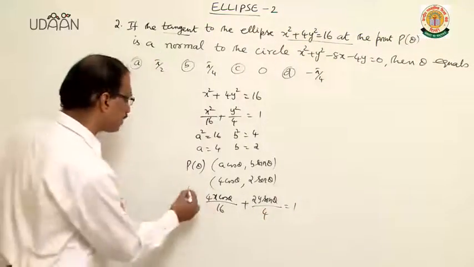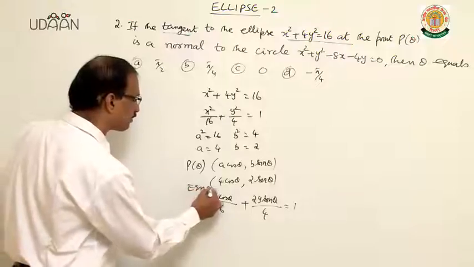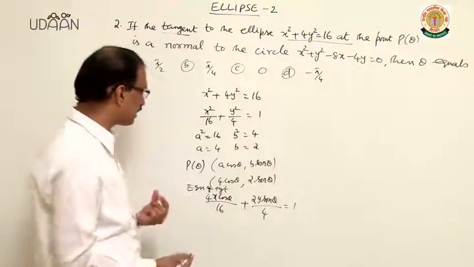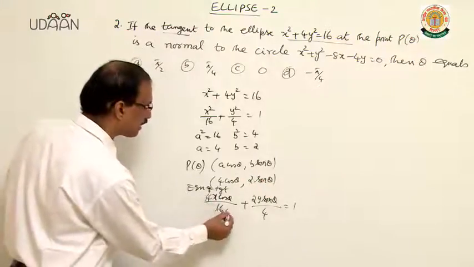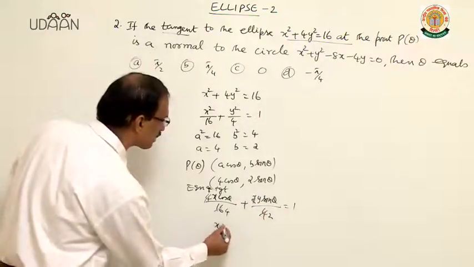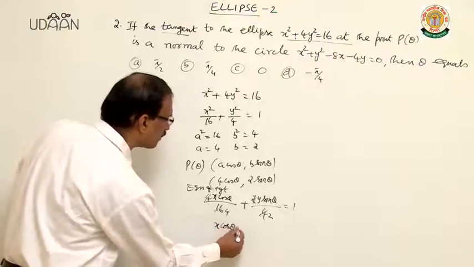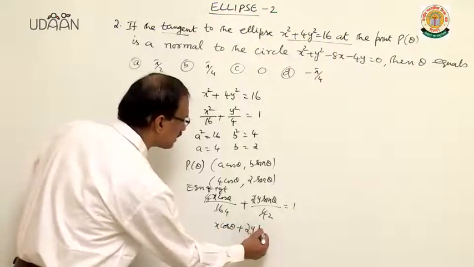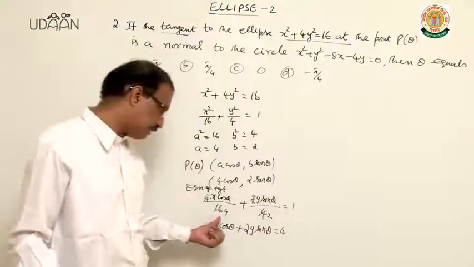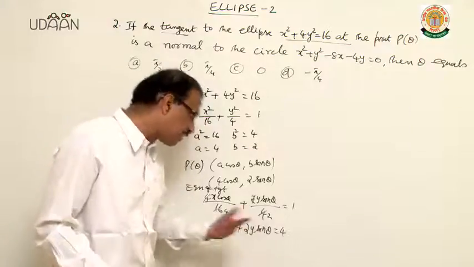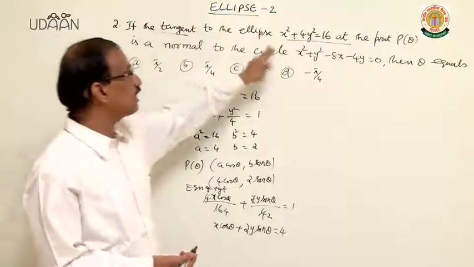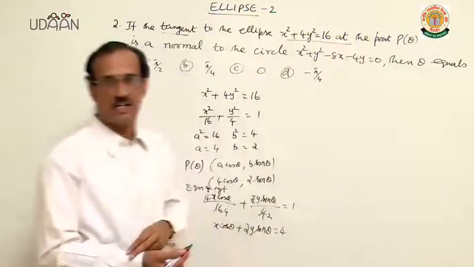This is the equation of a tangent at the point 4 cos theta, 2 sin theta. Now this 4 can be cancelled, and this can be cancelled. So you get x cos theta plus 2y sin theta equal to 4, by taking LCM 4. Now this is the equation of the tangent. So the first part is over.